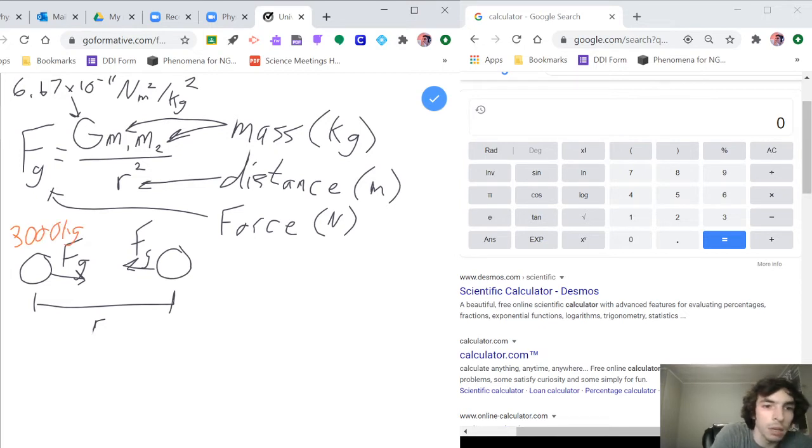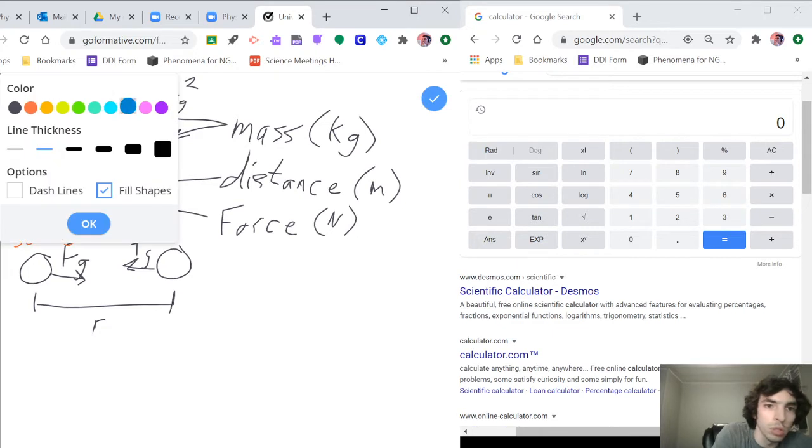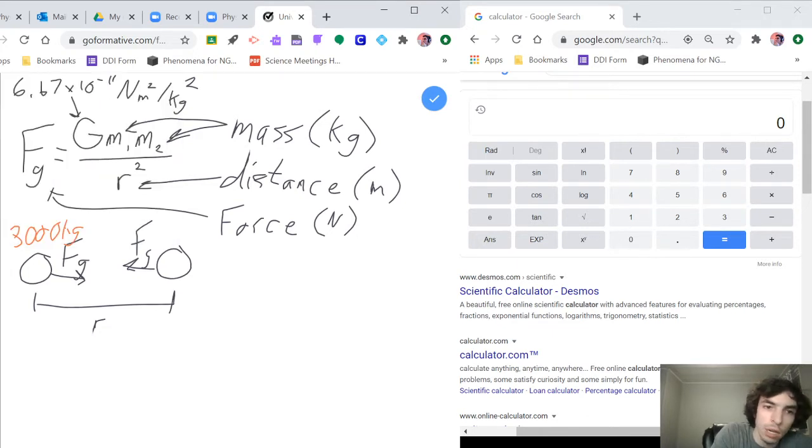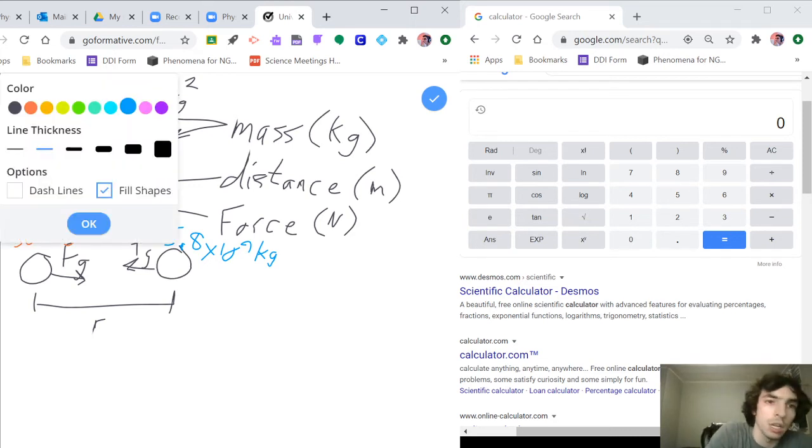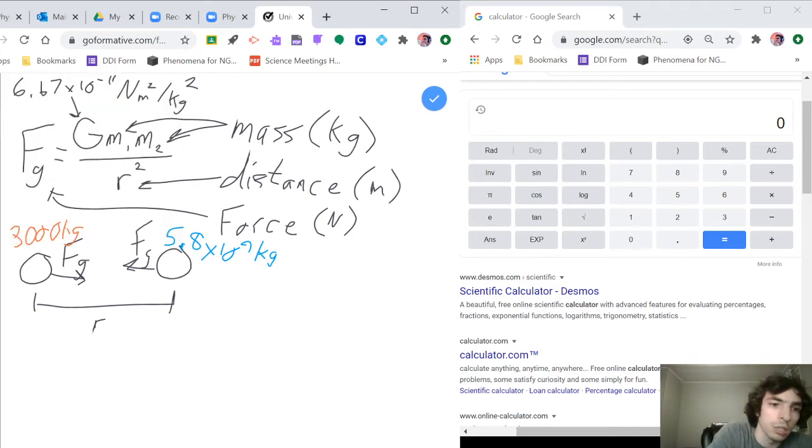The mass of M2 is 5.8 times 10 to the 9th kilograms, just to get some scientific notation practice plugging into our calculator. And let's say the distance between the two masses is 5 meters.